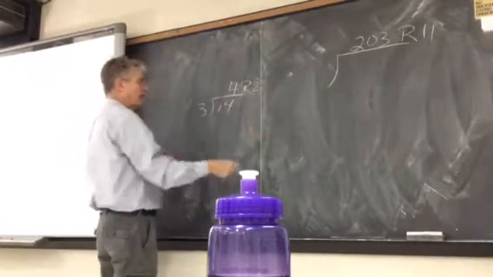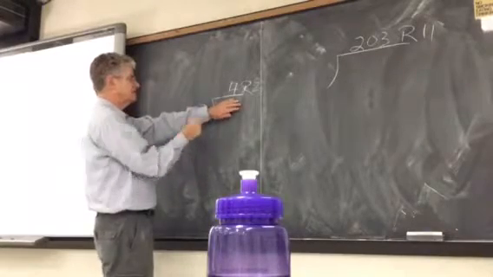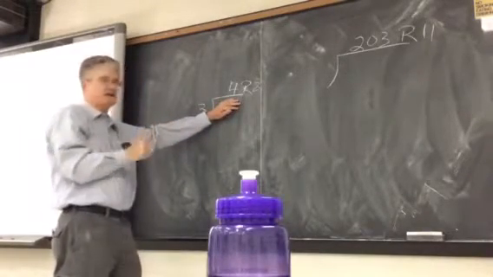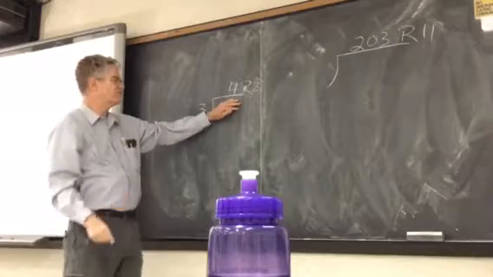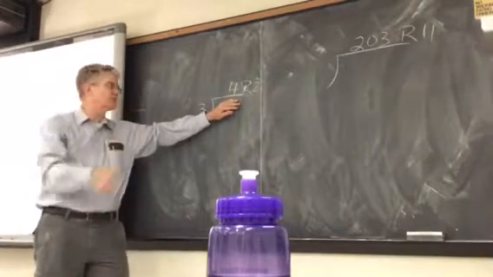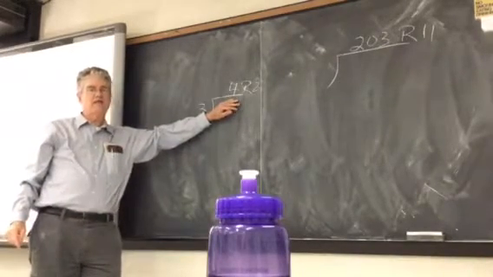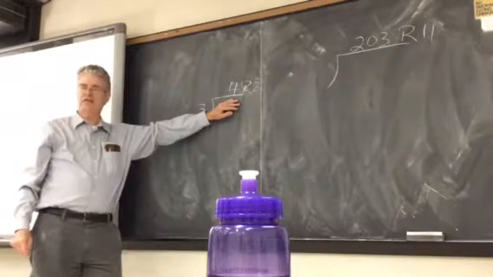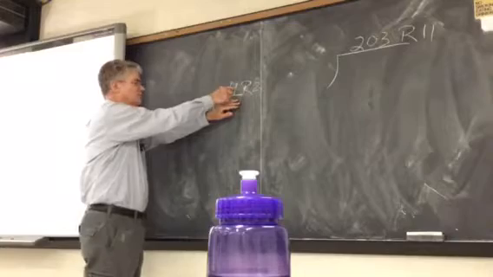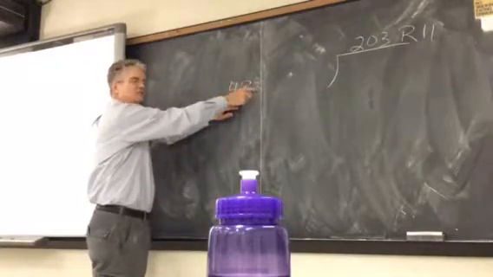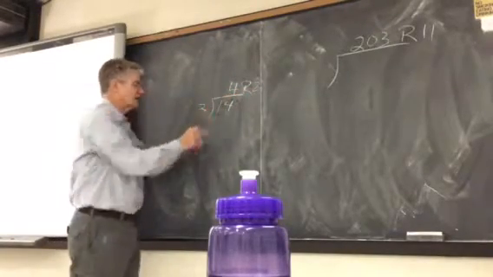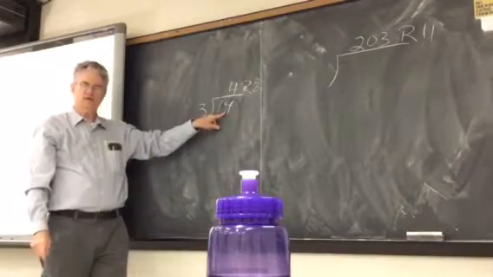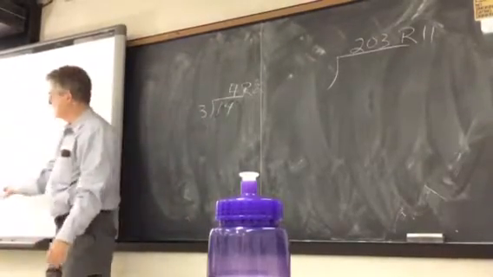Now, how can I get a 14 if I don't know that I want a 14 there? Where do I get the 14 from? Because I can do it with those numbers. How? 3 times 4 and then add 2. So if you multiply the quotient times the divisor and add the remainder, will you always get the dividend? Yes, you will. Please do that here.